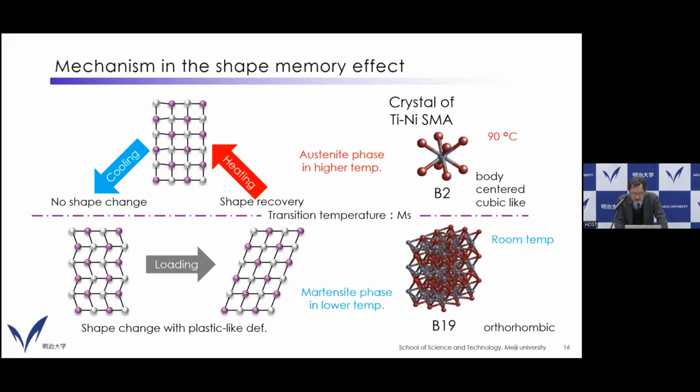This lattice is orthorhombic. You'll find it has less symmetry than the upper one. This is the high symmetry, but less symmetry. This less symmetry with binary alloys causes twin deformation to occur.